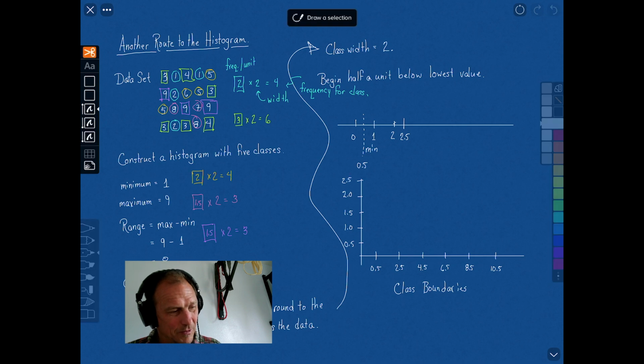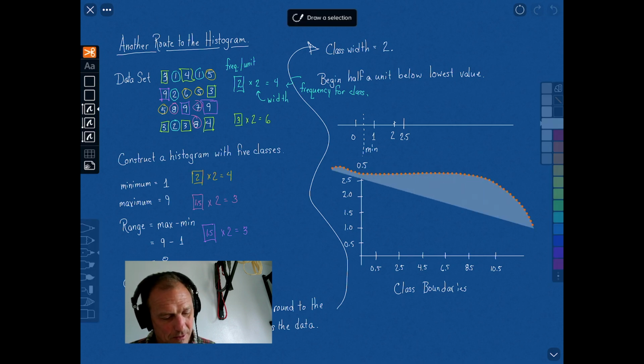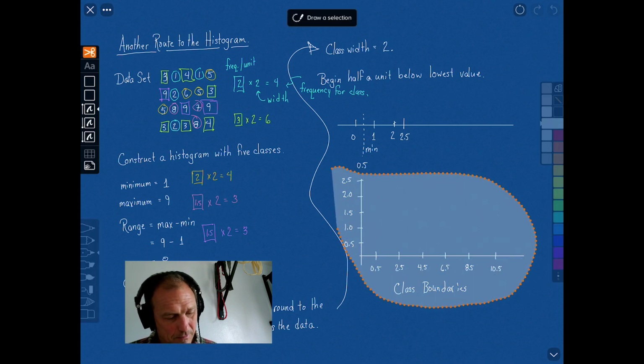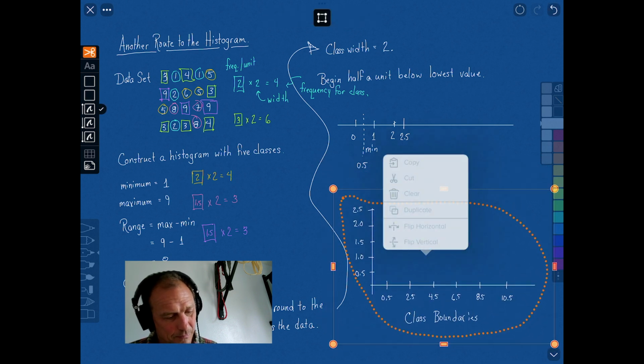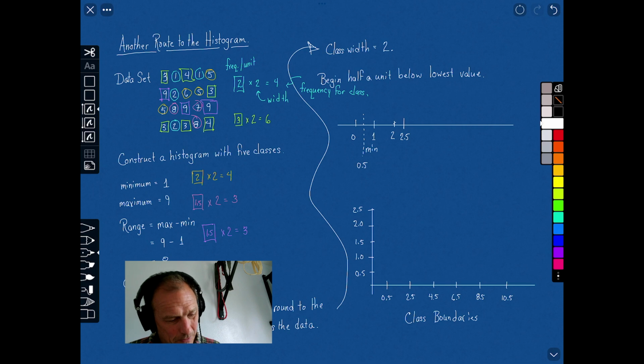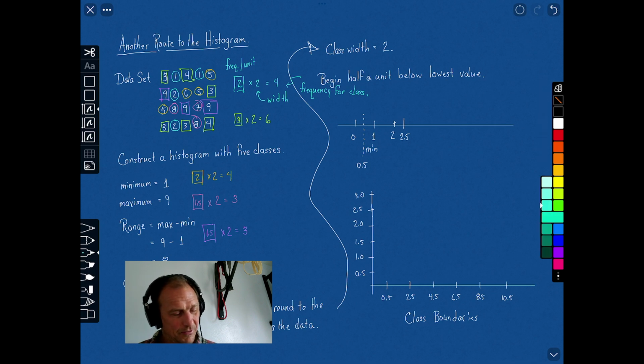I have to move this down a little. And finally, 3.0. Okay, and then our blue group here has a frequency per unit of 2.